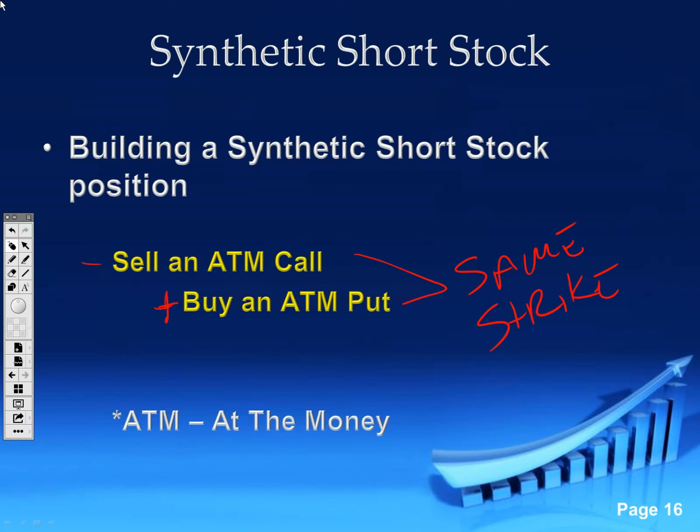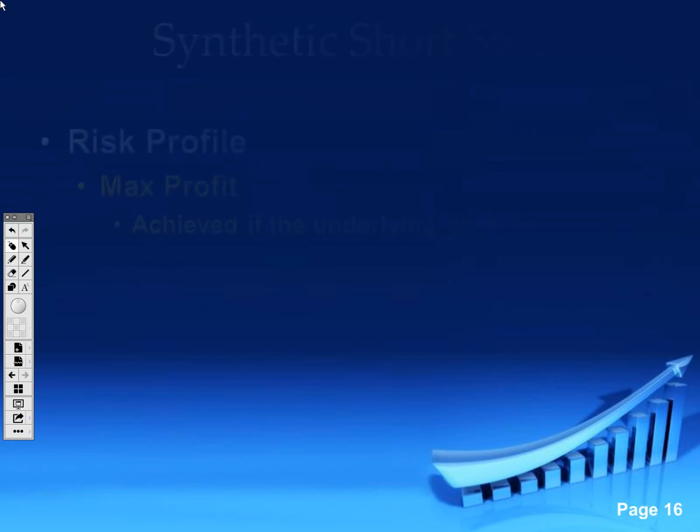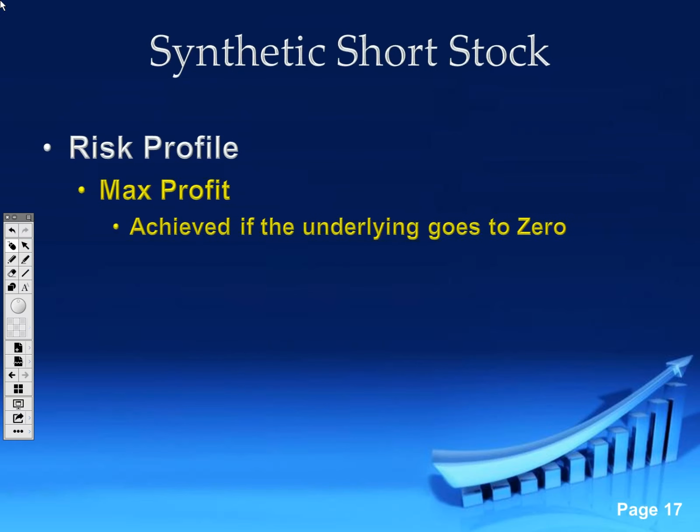Now, with that being said, the reason why it's a synthetic short stock is because it has the same risk parameters as a short stock position, all right? Just like the synthetic long stock has the same risk parameters as a long stock, all right? There are benefits to using the synthetic stuff.